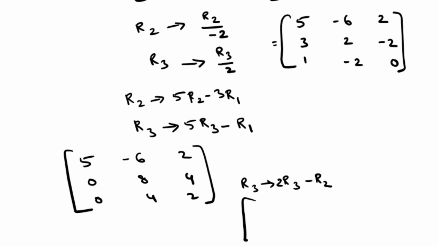The matrix will be row 1 as it is, 5 minus 6 2, row 2 as it is, row 3 is 0 0 0. Hence the rank of this matrix is 2.